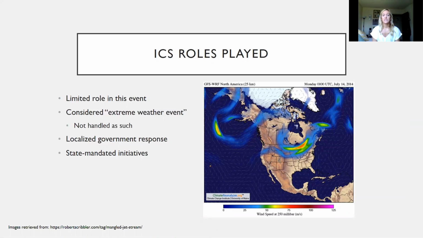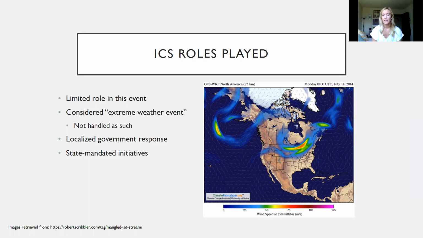So as far as ICS roles played in the North American cold wave, there really were limited roles of ICS structure in this event. It is considered an extreme weather event, but it wasn't really handled as such. There was a lot of localized government response and state mandated initiatives, but there was really no collective response to the North American cold wave.